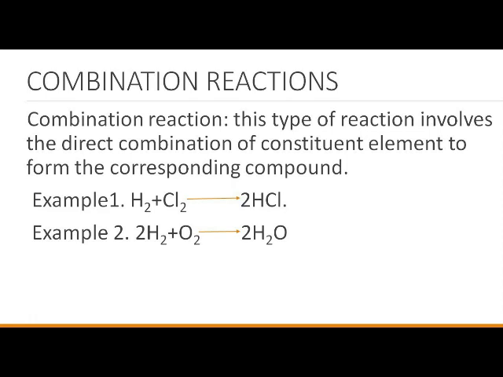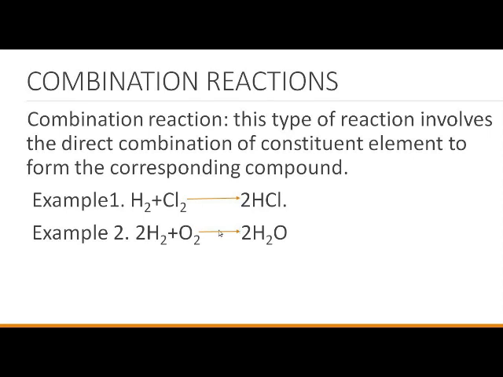What is combination reaction? This is a type of reaction that involves the direct combination of constituent elements to form a corresponding compound. For instance, hydrogen chloride is formed from hydrogen molecule and chlorine molecule, as you can see from this equation. This is hydrogen molecule combining with chlorine molecule to form hydrogen chloride.